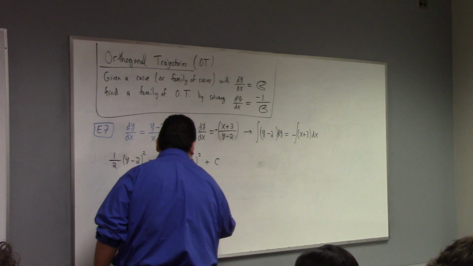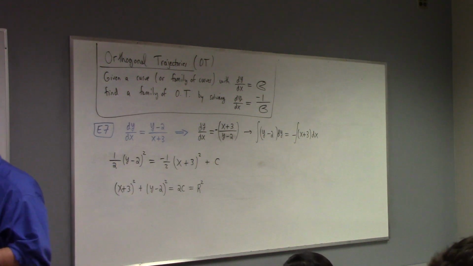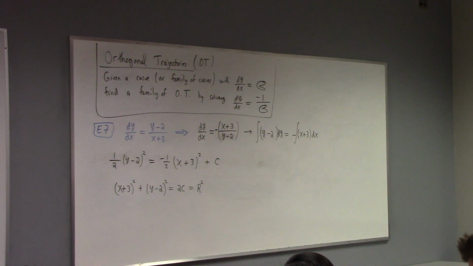But we might as well call that r squared because it's the radius squared of the circle that we're looking at. Yeah? What's the circle?